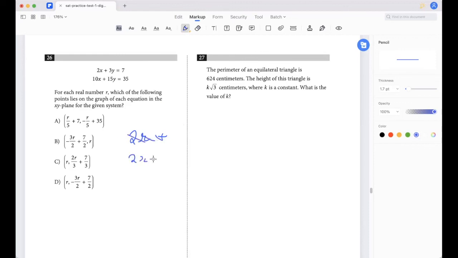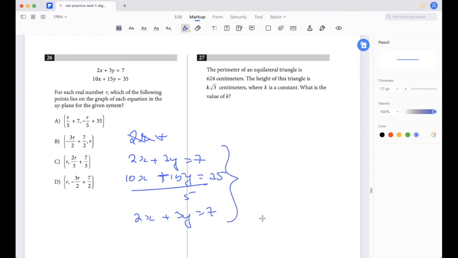So 2x plus 3y is 7 and 10x plus 15y is 35, right? So if I divide this equation by 5, I get 2x plus 3y is 7. So this is basically a system with infinite solutions because both of these equations are technically the same. So I can take any value, and it would be true, right?